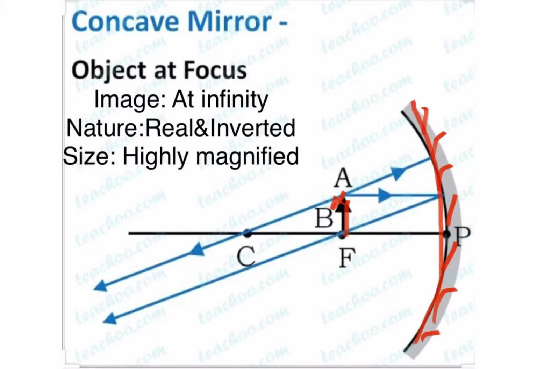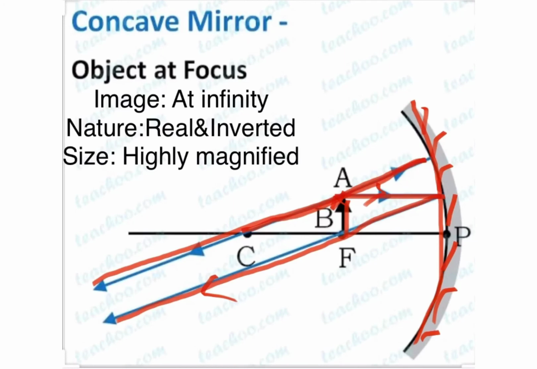Now consider the first ray from point A, which is parallel to the principal axis. We know that it is passing through F after reflection. So this is your incident ray and this is your reflected ray. Now another ray which is passing through C of the mirror, that is, this is your incident ray and this is your reflected ray along the same path.